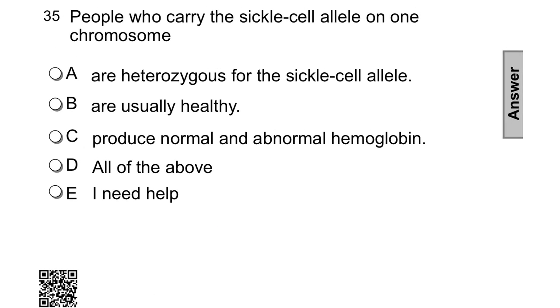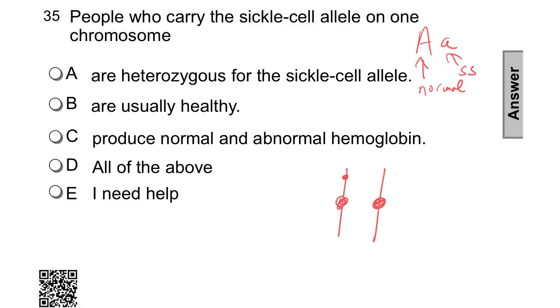People who carry a sickle cell allele on 1 chromosome are heterozygous for a sickle cell allele. Well, if they carry it on one chromosome, they have two chromosomes, right? So let's say that this is big A, where this is normal hemoglobin, and little a is sickle cell hemoglobin.